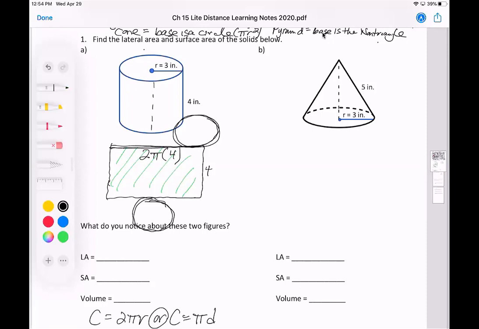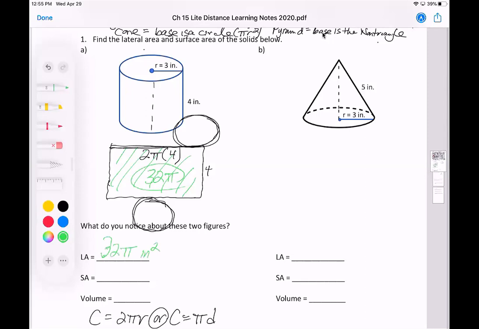So the lateral area would be 8 pi times 4, so that would be 32 pi. That would be the lateral area of this cylinder. So lateral area we'll call 32 pi. And the units, it's an area, so that would be square inches.